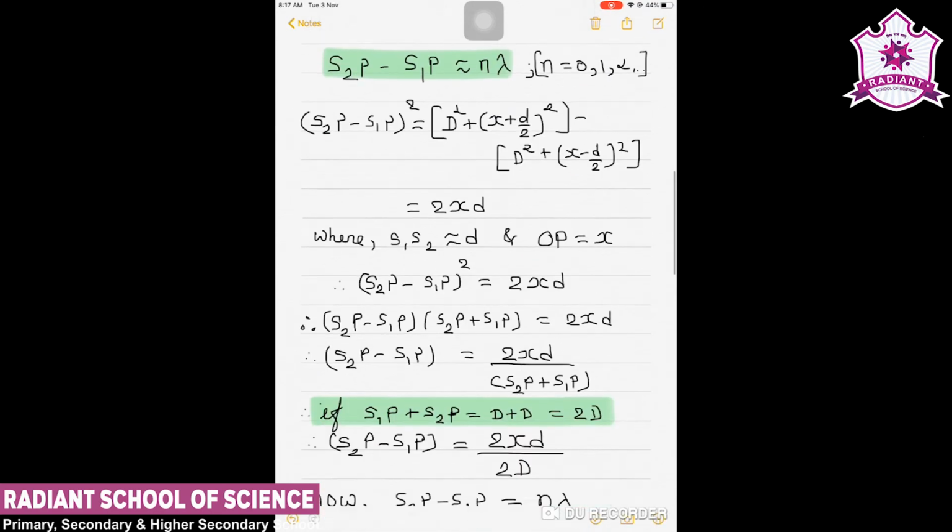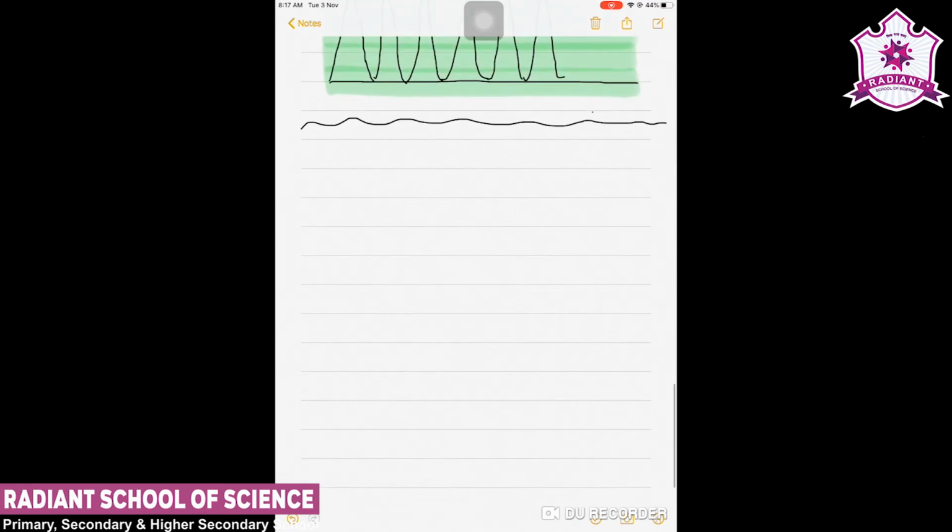So with this condition, suppose S is the main source, and S1 and S2 are the two slits. If this is the screen, we can consider a point Q here.